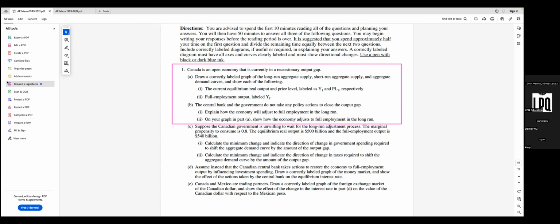So this question is pretty much the same thing. We just do it in an opposite way. The last question was about the current GDP being higher than the potential GDP. But this time, Canada is in a recession. You can see the keyword is recession. So this time we make sure the short-term GDP is on the left-hand side of your normal index.